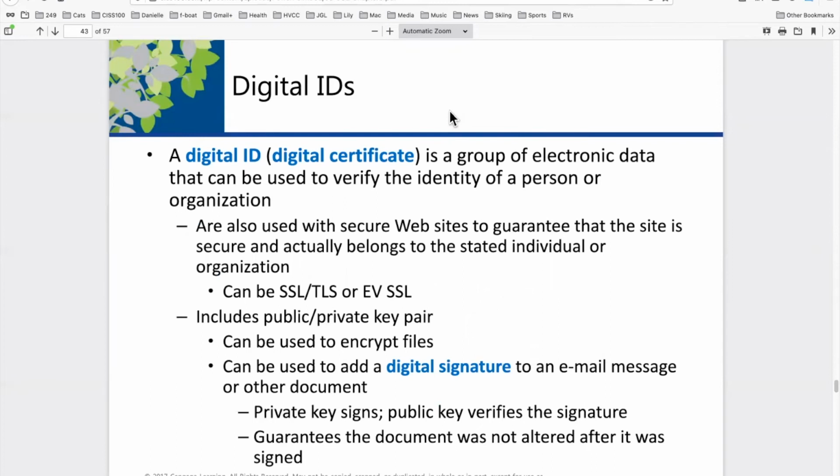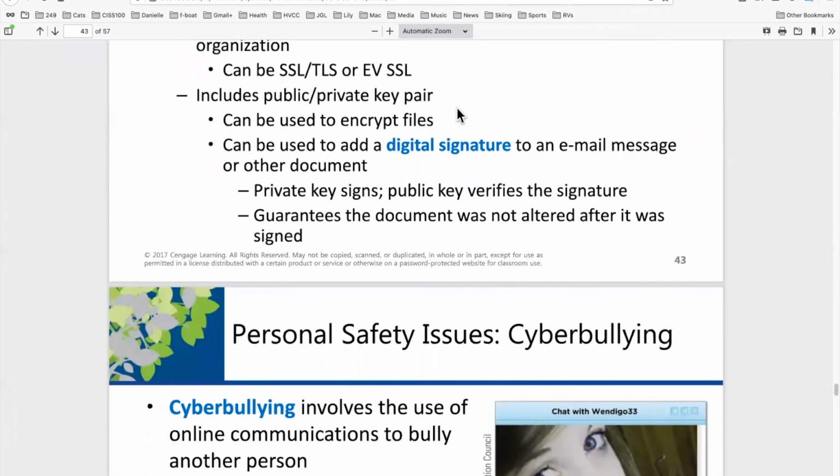You'd go to VeriSign, that's one of them, and send them your photo ID, your license, all of these things. They would do their diligence to verify that you are who you claim to be. And they'll issue a digital certificate that, if you present it to anyone, establishes that yes, you are who you are claiming to be. These are required for certain types of court documents. As we move legal documents online, digital IDs will increase their use and relevance.